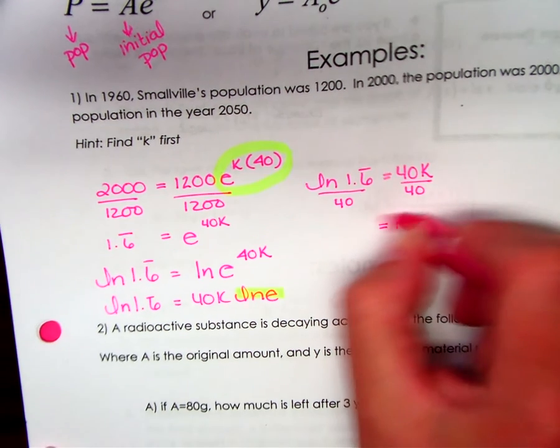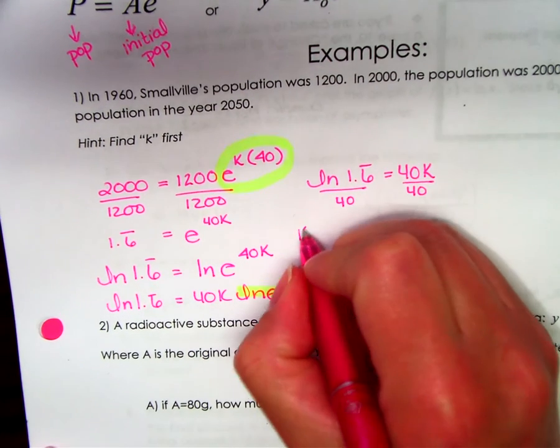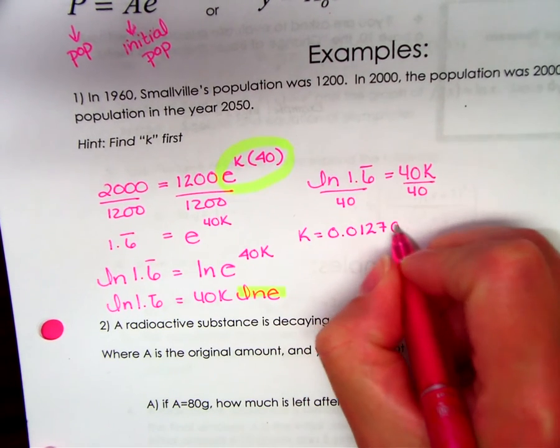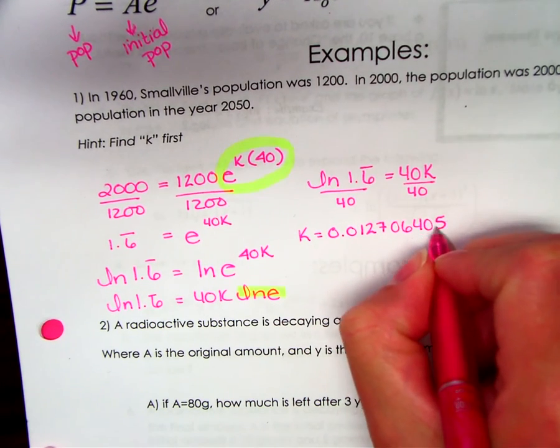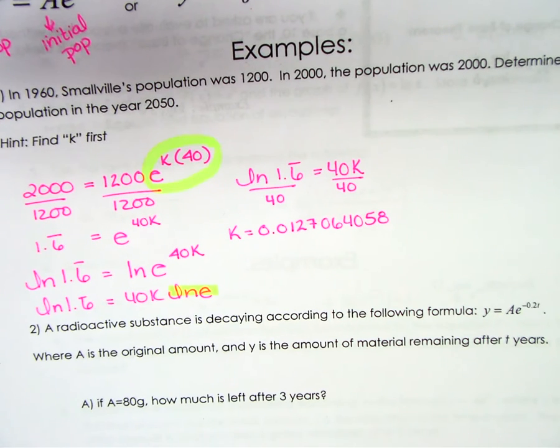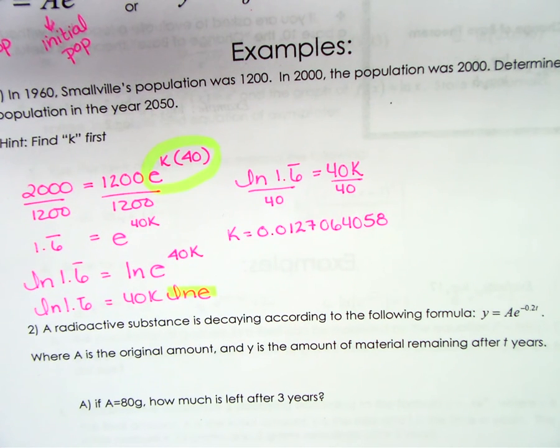So I'm going to put my K on the other side. Whoa, I didn't get that many. I got 0.012770. We probably didn't use as many sixes. I used the fraction version. Oh, you used the fraction version? Yeah. Okay. So we're all approximately at the same place.